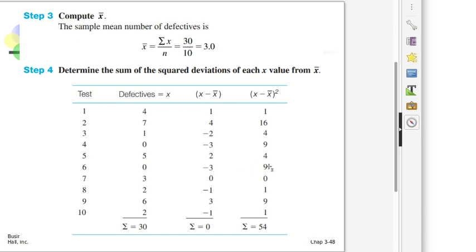Negative 3 is 9. 0 multiplied by itself is 0. Negative 1 multiplied by itself is positive 1. 3 squared is 9, and negative 1 squared is positive 1. Now, if you sum the deviations, that's 0. If you sum the squares, that's 54.